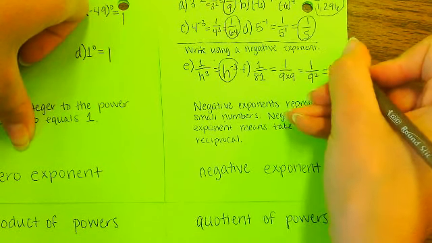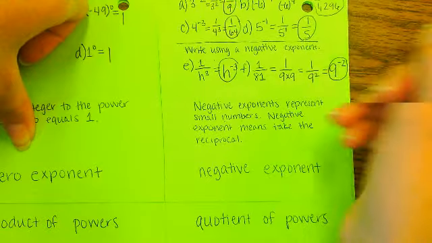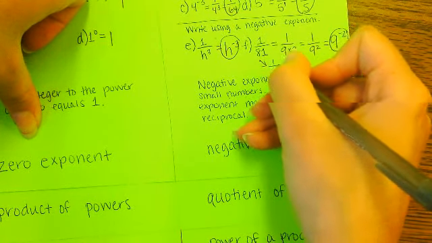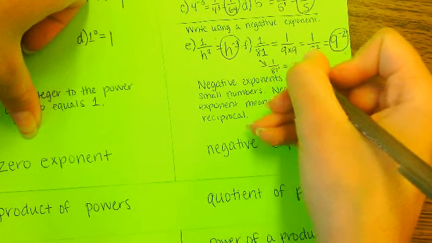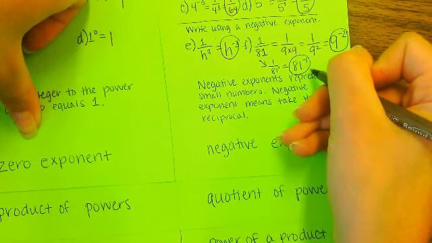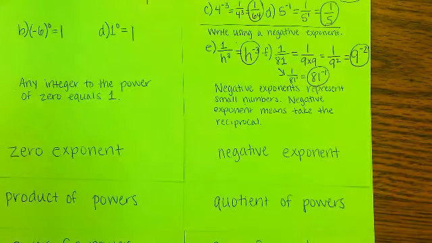And you can rewrite that as 9 to the negative second power. Or you really could just say that this is the same thing as 1 over 81 to the first power, which would be 81 to the negative first power. Those two answers are equal. Alright, you now have your foldable for the properties of integer exponents all the way filled out.